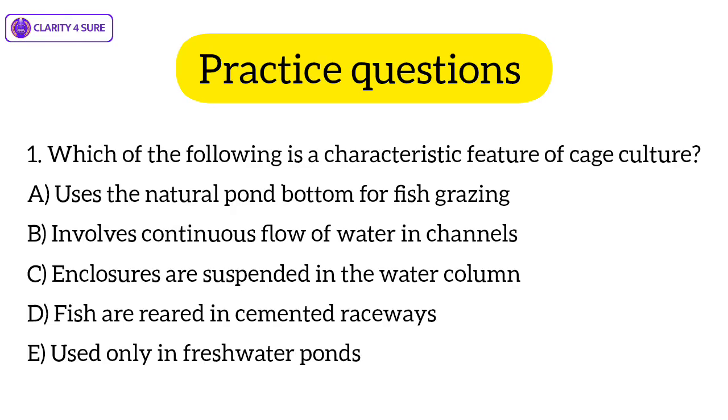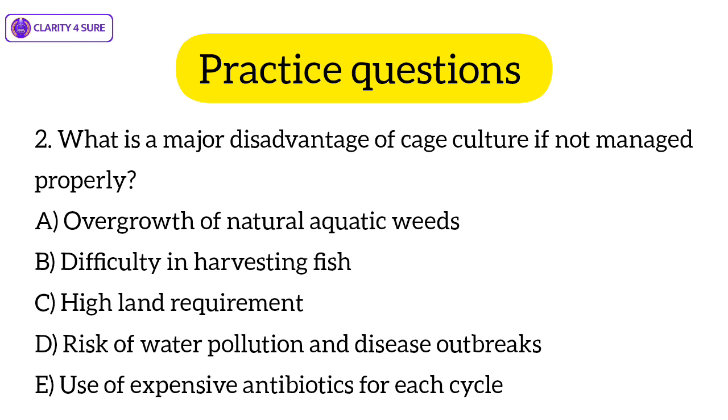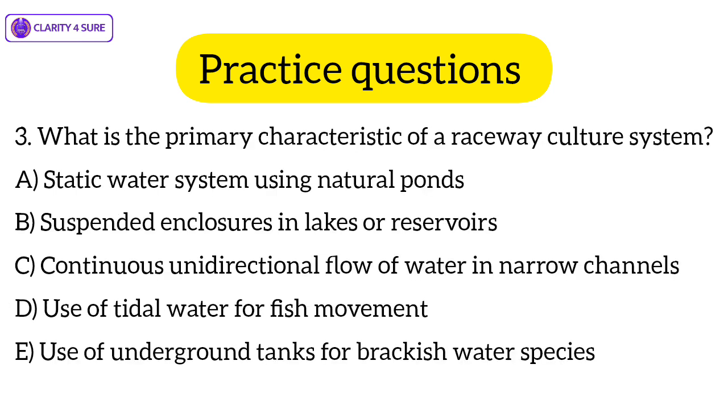Question number 1. Which of the following is a characteristic feature of cage culture? Here are your options. Look at them and choose the correct option. Question number 2. What is a major disadvantage of cage culture if not managed properly? Question number 3. What is the primary characteristic of a raceway culture system?